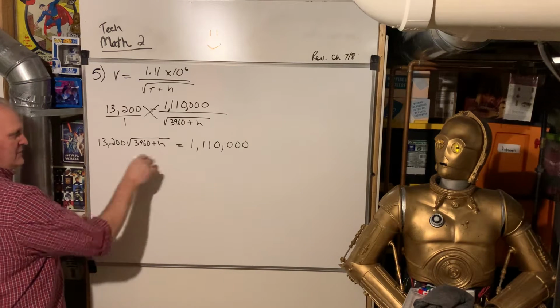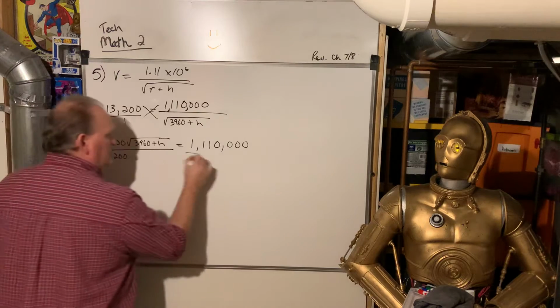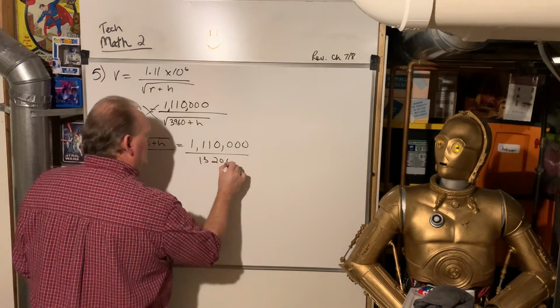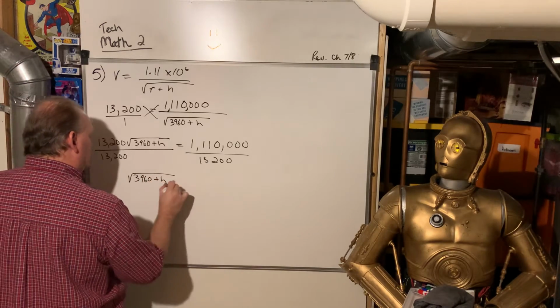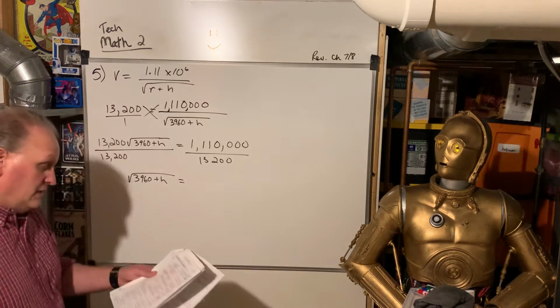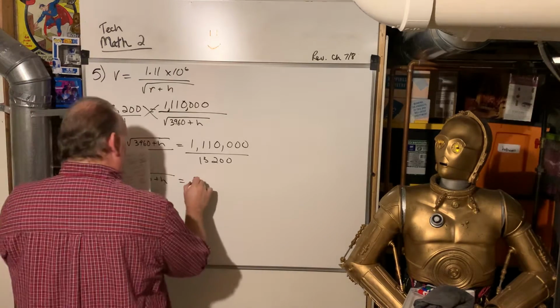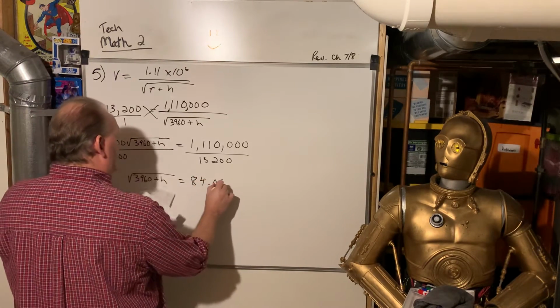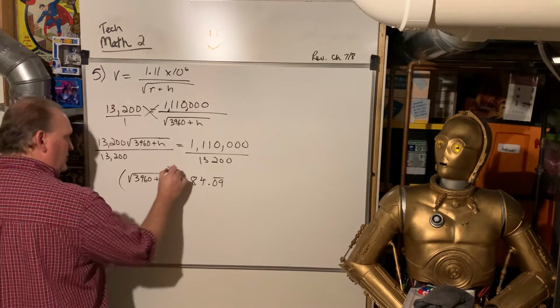Isolate the root, isolate the square root. So we'll divide both sides by 13.2. And so that doesn't end up pretty. That's 84.09090909 forever. Okay. Square both sides.